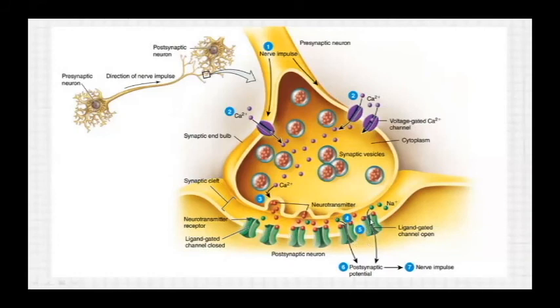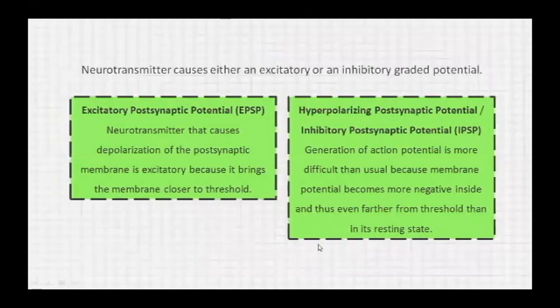So neurotransmitter causes either an excitatory or an inhibitory graded potential. The EPSP or the excitatory postsynaptic potential, a neurotransmitter that causes depolarization of the postsynaptic membrane, is excitatory because it brings the membrane closer to threshold, while hyperpolarizing postsynaptic potential or inhibitory postsynaptic potential or IPSP is the generation of action potential that is more difficult than usual because membrane potential becomes more negative inside and thus even farther from the threshold than its resting state.